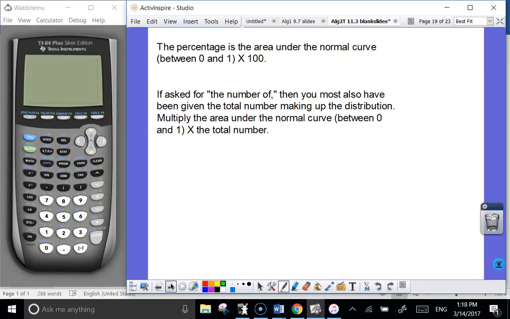So the way you do that is first you calculate the probability to be in that region, and then you multiply by the total. So when they ask for the number of, the first thing you got to look at is, where's the total? They must have given us a total number. So we'll see that on the next slide.